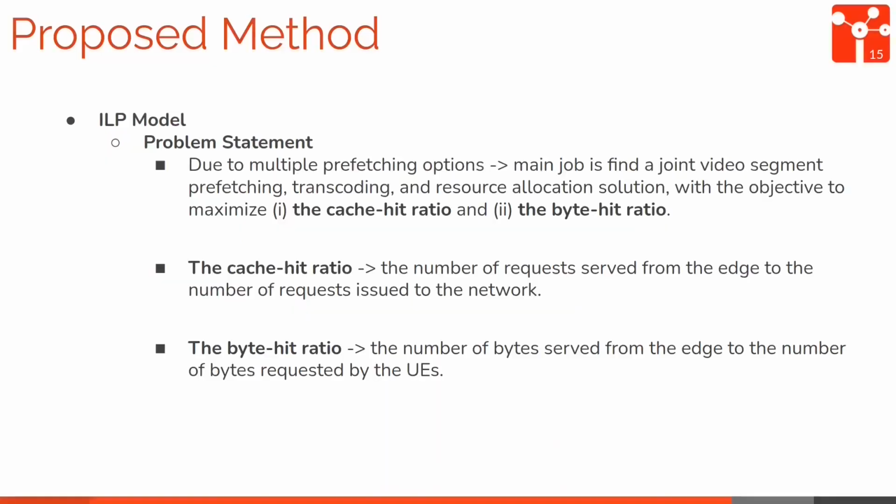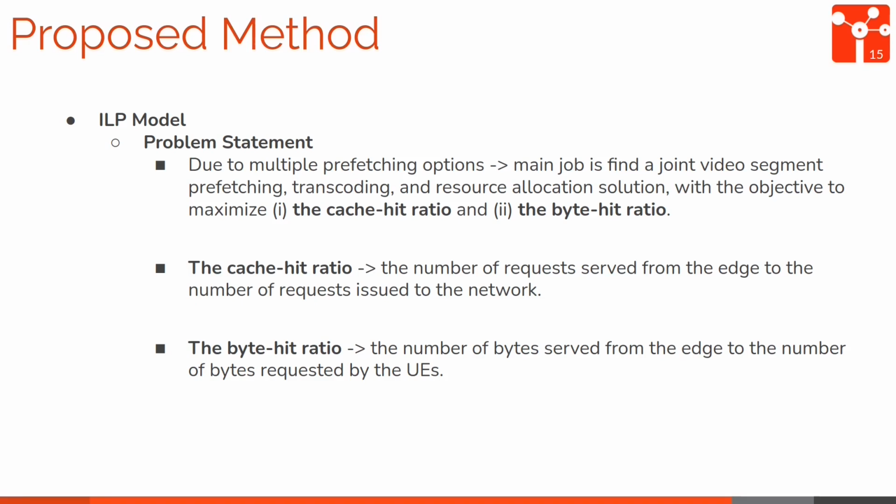The author also considers the 5G network composed, as I said, of a MEC server co-located with the G-node-B and the 5G core, interconnected by transport links, where a set of user equipments connected to this G-node-B make video segment requests with specific bit rates.